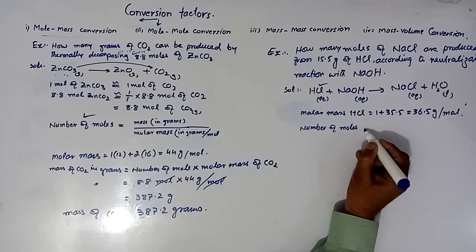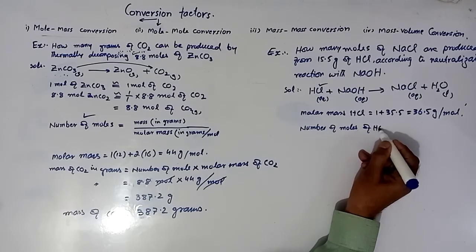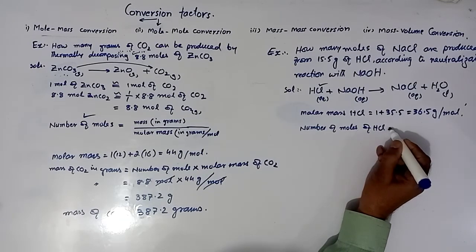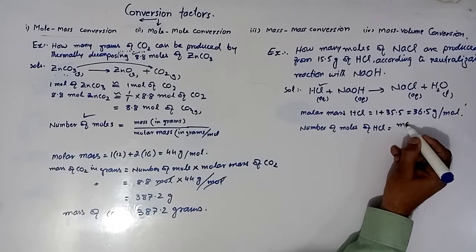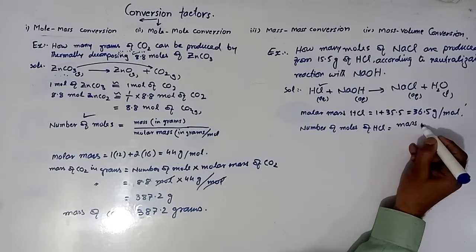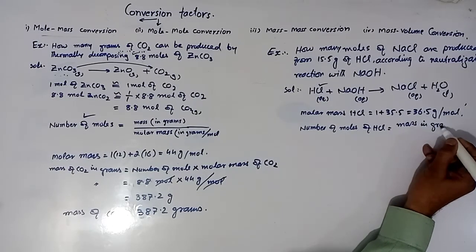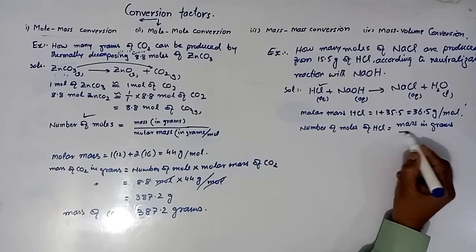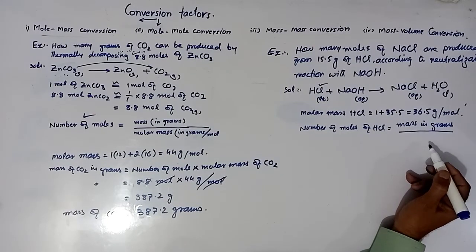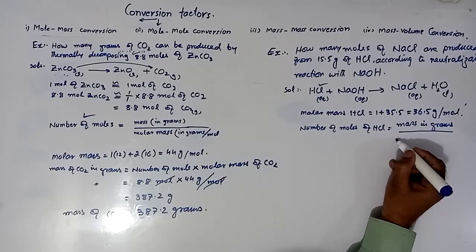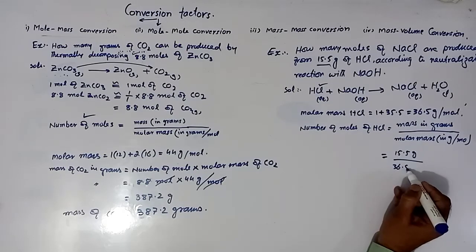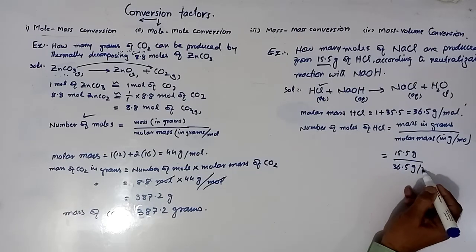Number of moles of hydrochloric acid is mass in grams divided by molar mass in grams per mole, 36.5 grams per mole.